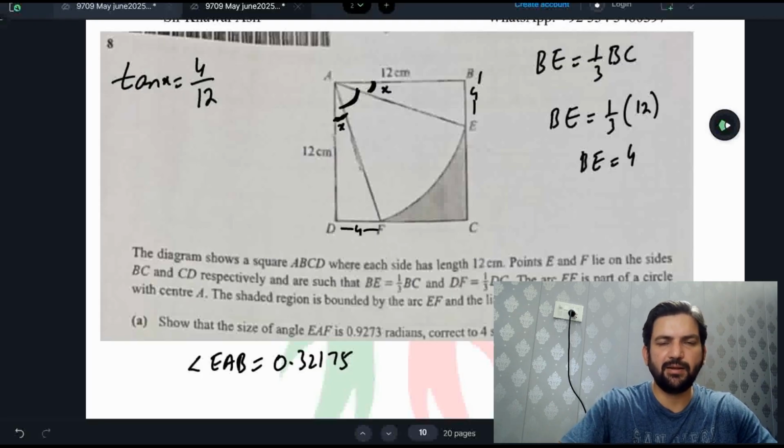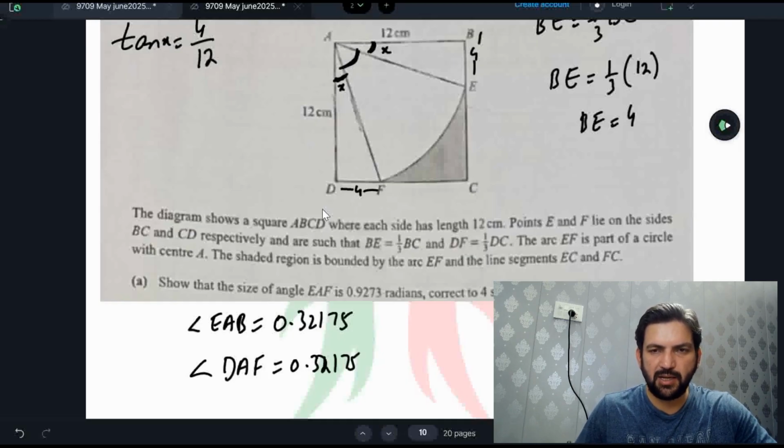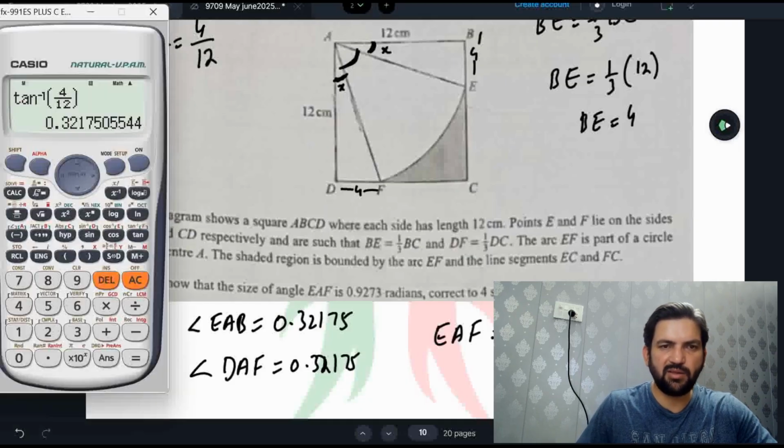Let me write it here, that angle DAF is equal to 0.32175. So finally we can say that angle EAF will be equal to pi by 2 minus 2 into 0.32175.